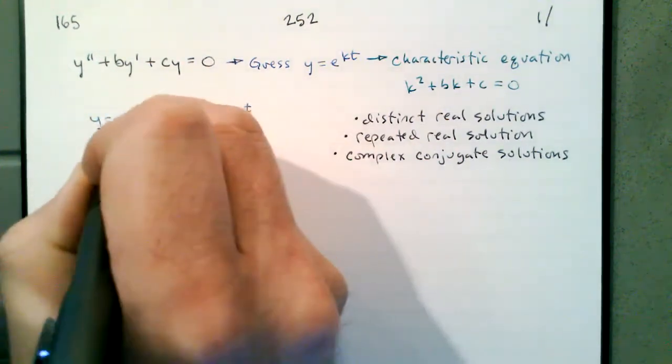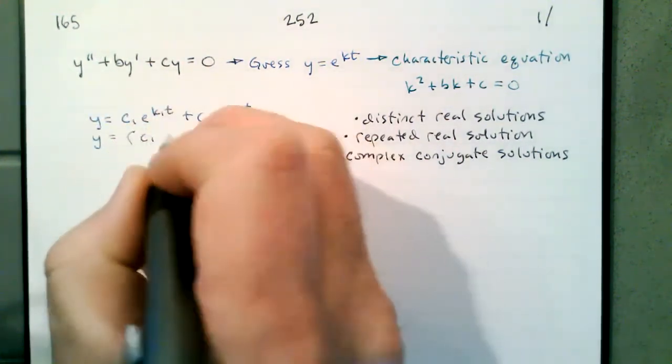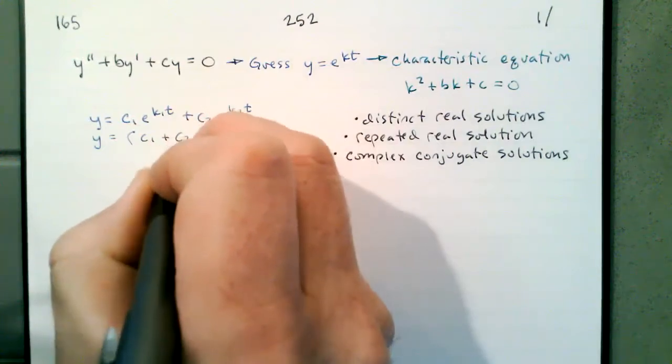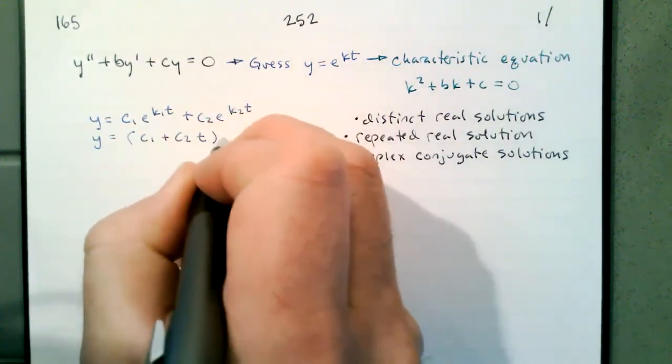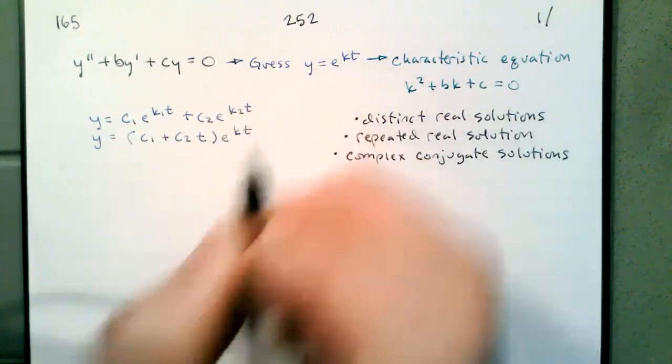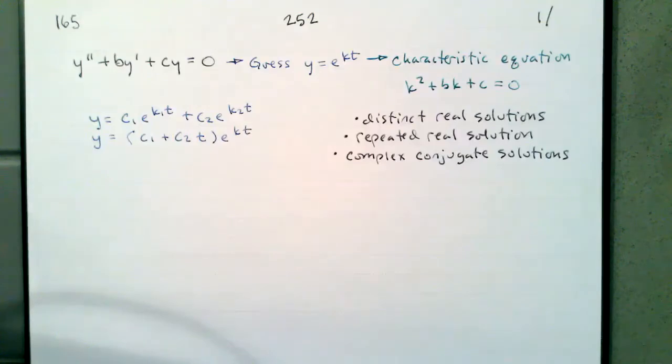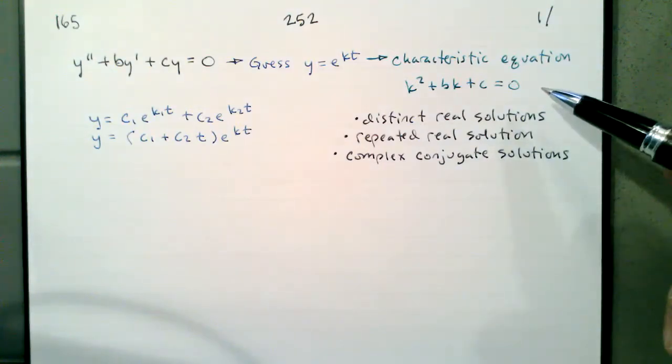So I have a c1 e to the kt and a c2 t e to the kt. I'm going to factor it out to make sure it looks different than the others. So this is what happens if k is a solution to the characteristic equation and k has multiplicity 2.